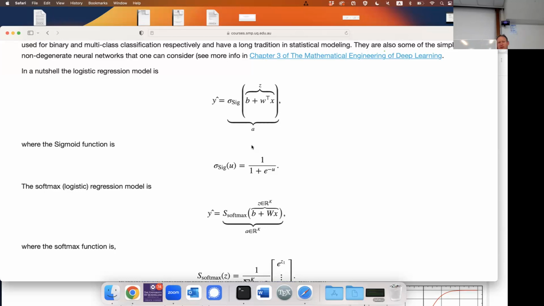For a given image, some 784 dimensional vector, you get a probability, and if that probability is greater than half, you say it's positive, otherwise it's negative. So that's logistic regression.